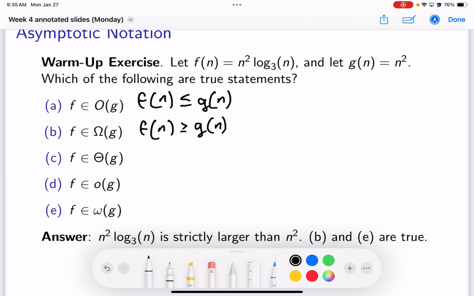And now let's take a look at the other notation that you'll be learning this week. F in this symbol, big theta, is like saying that f of n is equal to g of n. So remember, this isn't an exact comparison.